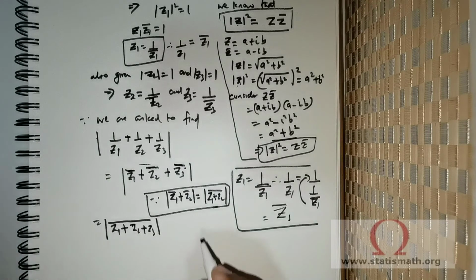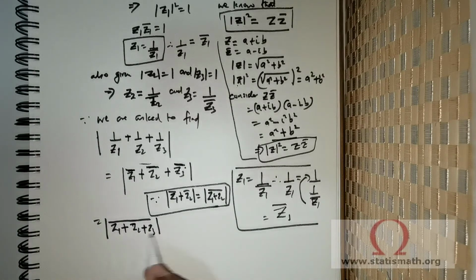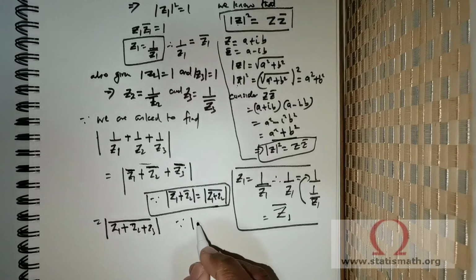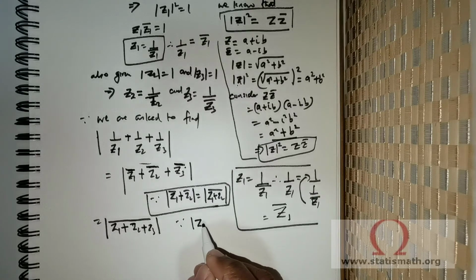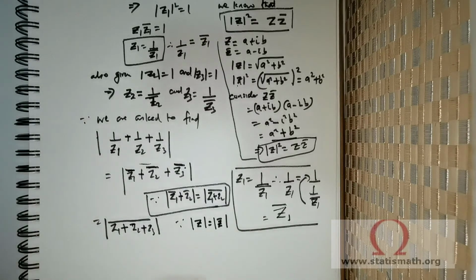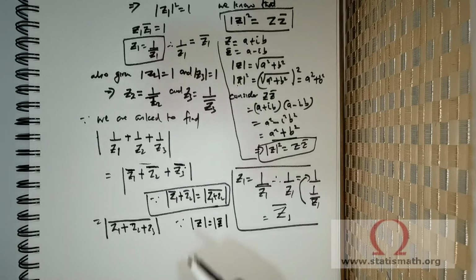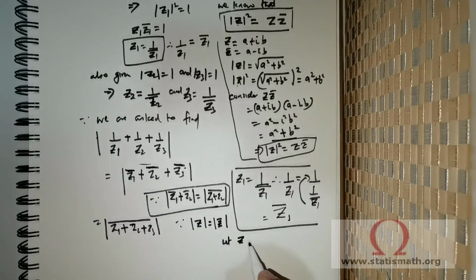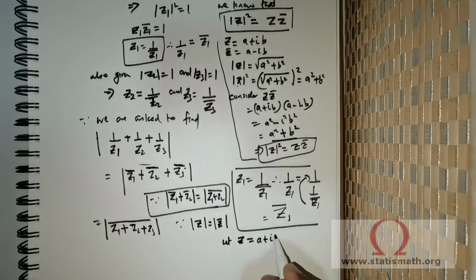Now since I have the modulus sign here, you have to know that modulus of z is the same as the modulus of its conjugate. Let me show you here. Let me take z to be a positive ib.